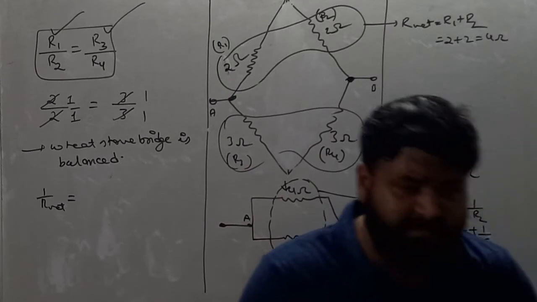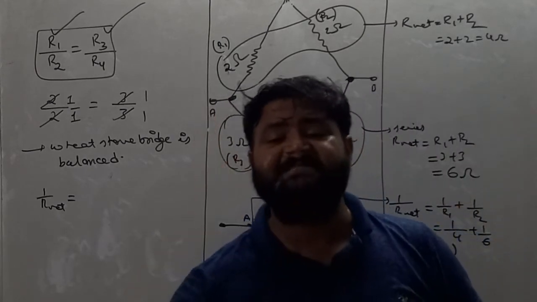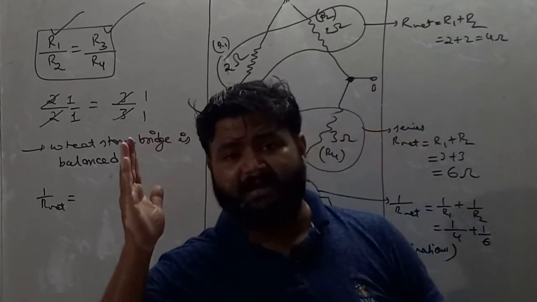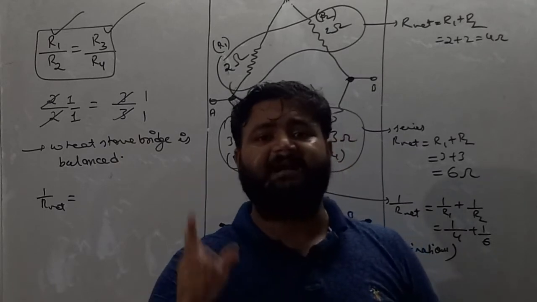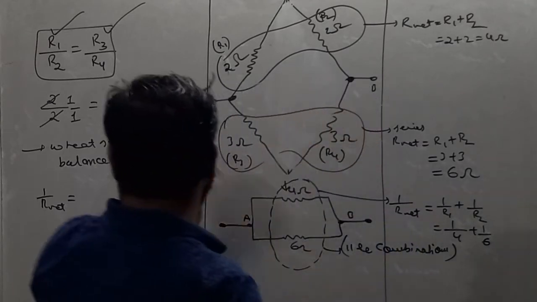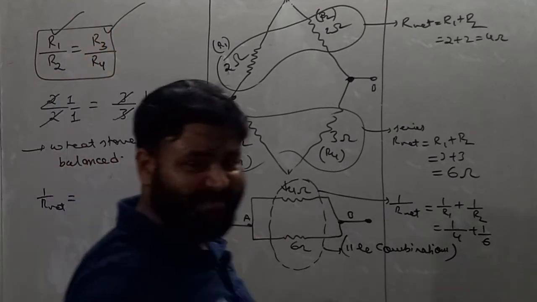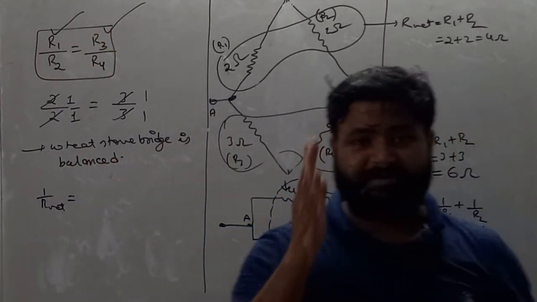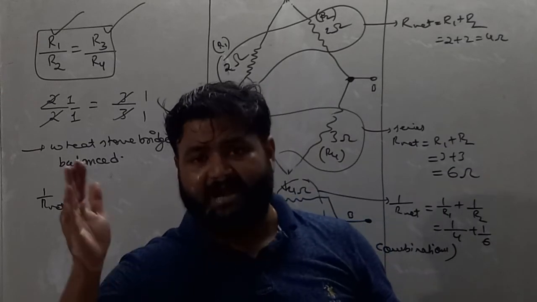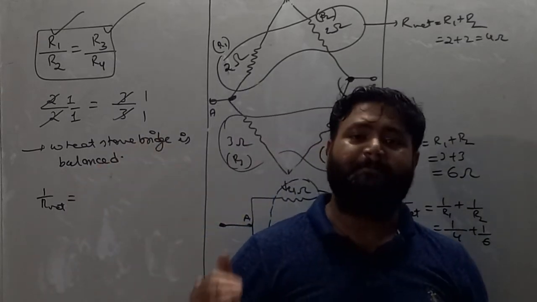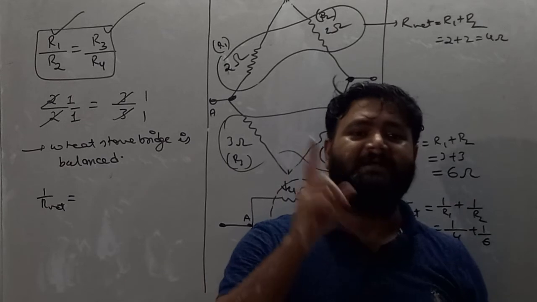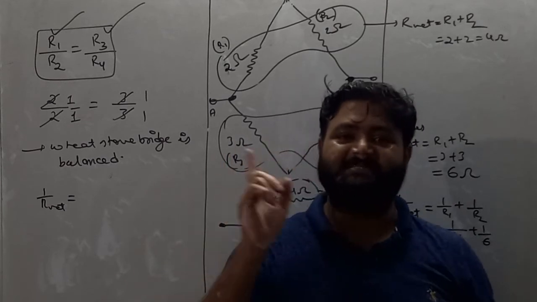So the conclusion is, if 5 resistors are connected in any circuit, then check whether the ratio R1 by R2 is equal to R3 by R4 or not. If the ratio of R1 and R2 and the ratio of R3 and R4 become equal, then remember the Wheatstone bridge is balanced.